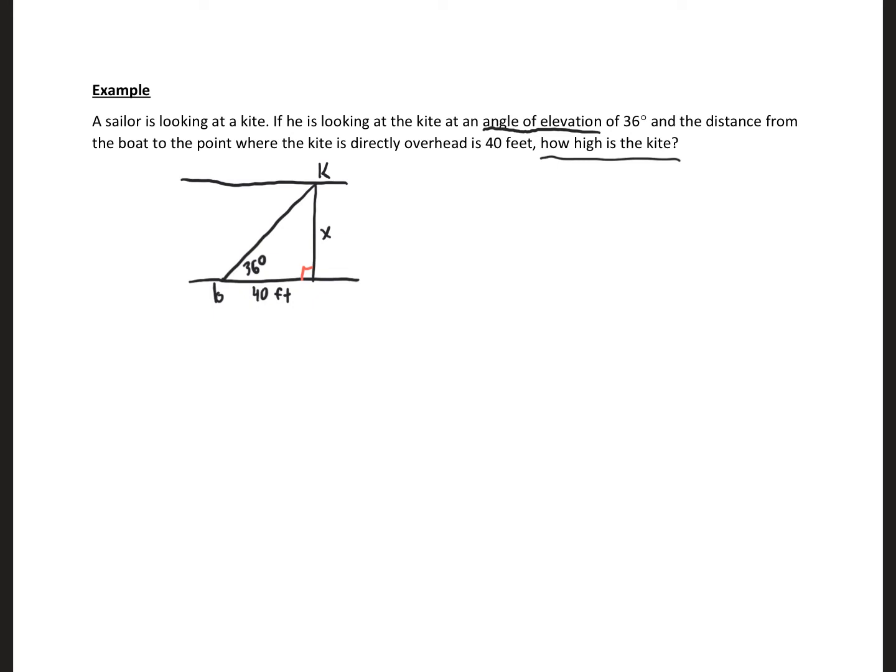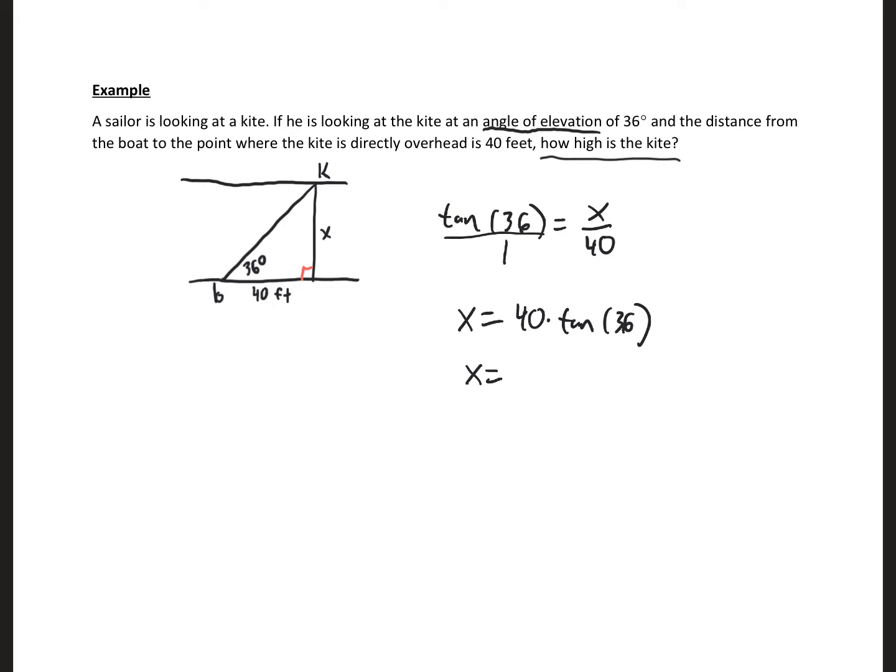Now using 36 degrees, x is the opposite, 40 is the adjacent, so I'm going to use tangent. Tangent of 36 equals x over 40. We're going to cross multiply. 1 times x is x equals 40 times tangent of 36.